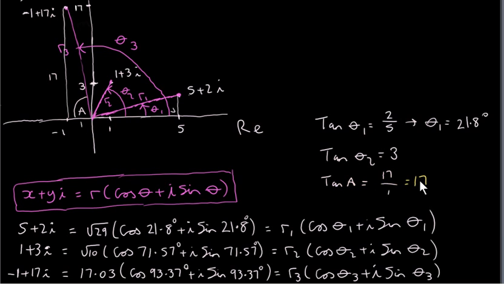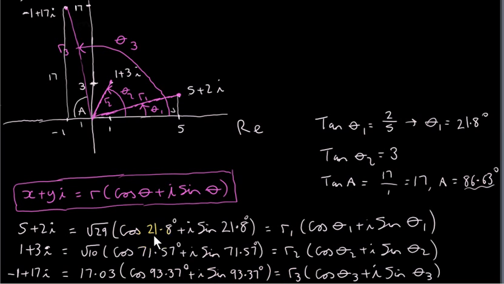And you could work out angle A by getting inverse tan of 17. You would get 86.63 degrees for angle A. Then to find angle theta 3, we just subtract this angle from 180 degrees and you will get 93.37 degrees. So I've rounded to 2 decimal places here.